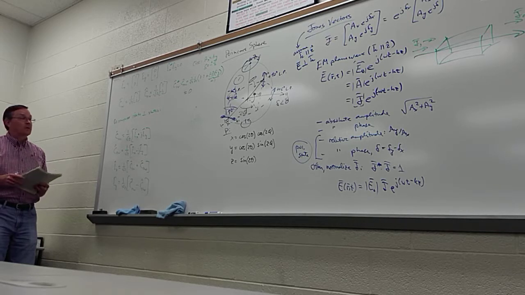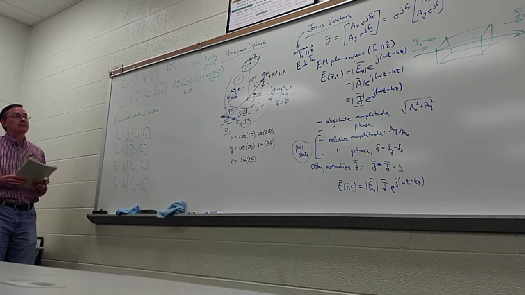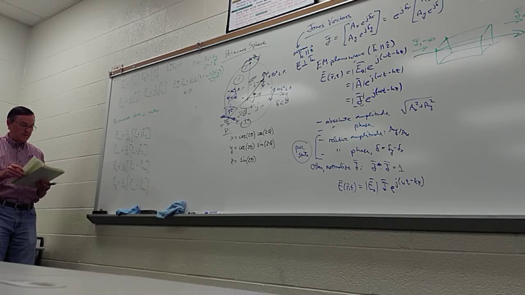Okay, so we could play that game ad infinitum, taking any arbitrary state and decomposing it into a weighted sum of other orthogonal states. Any arbitrary orthogonal states, doesn't matter what we choose.